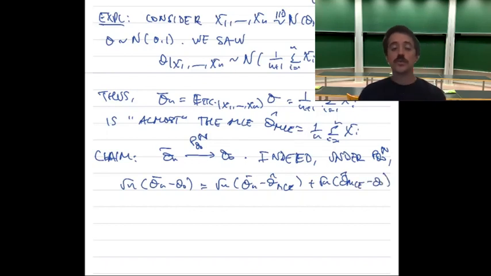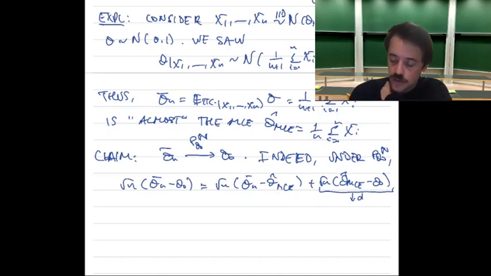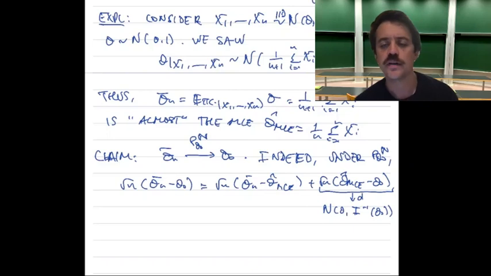And so, because we understand this guy, in particular, we know that this quantity will converge, by the asymptotic normality of the MLE, in distribution to a normal distribution with zero mean and inverse Fisher information matrix at theta naught.